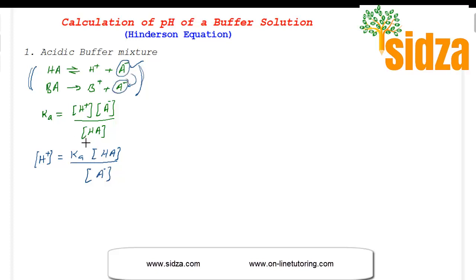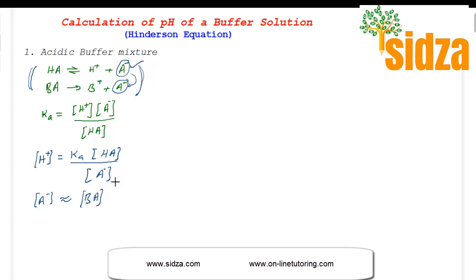So therefore I can say the concentration of the anion will be almost equal to the concentration of the salt, and I assume the concentration of the anion from the dissociation of the weak acid is very small.